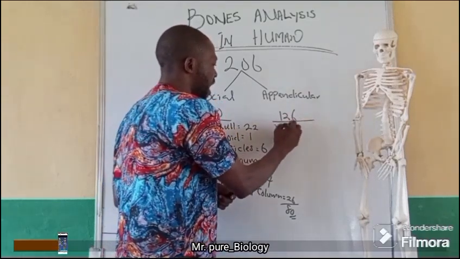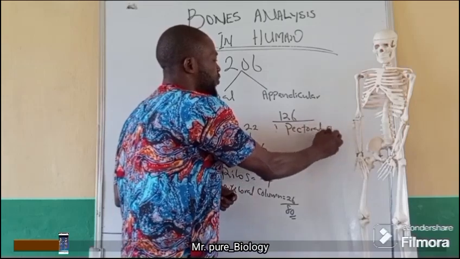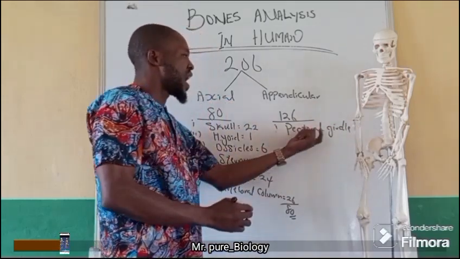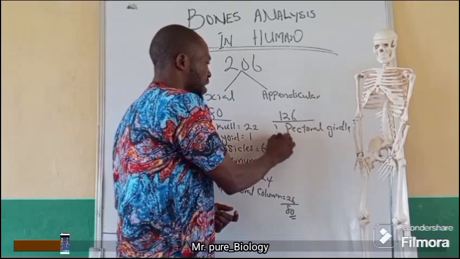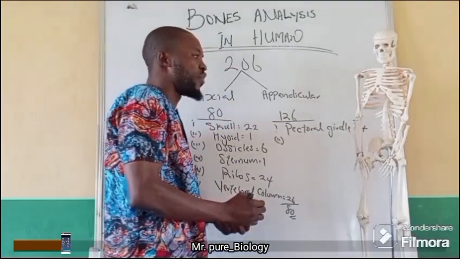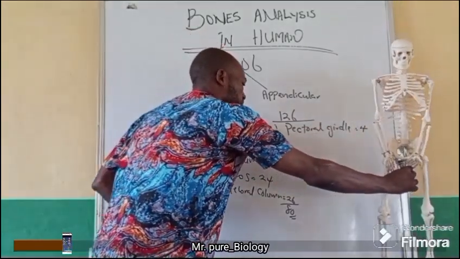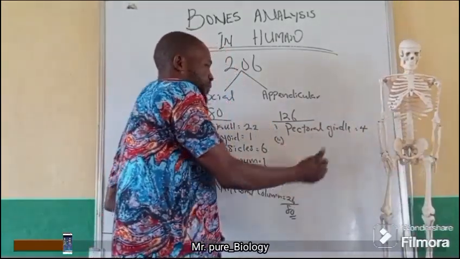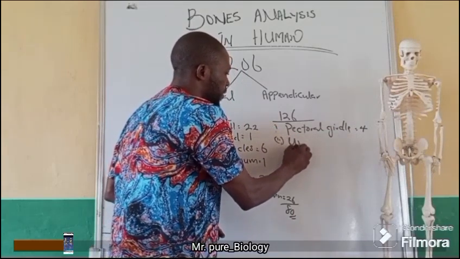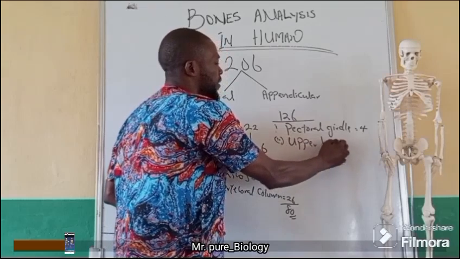Number 1, we have what we call the pectoral girdle. The pectoral girdle is just 4 bones. Now, we have the upper limbs.